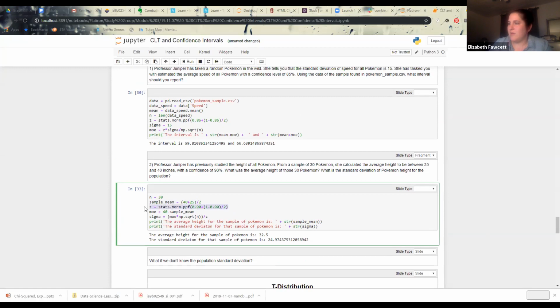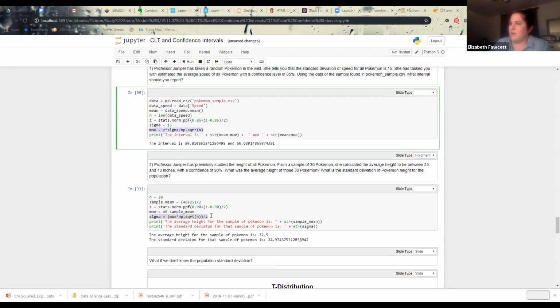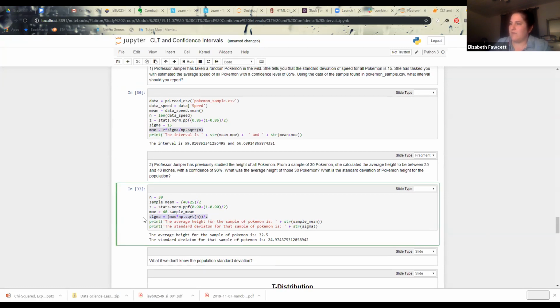Then I calculated my z, and then the margin of error is just 40 minus that sample mean, right? Mm-hmm. And then, like Juliet, I rewrote my margin of error equation that we used up here. I rewrote it to where everything would equal sigma. That also looks right calculation-wise.